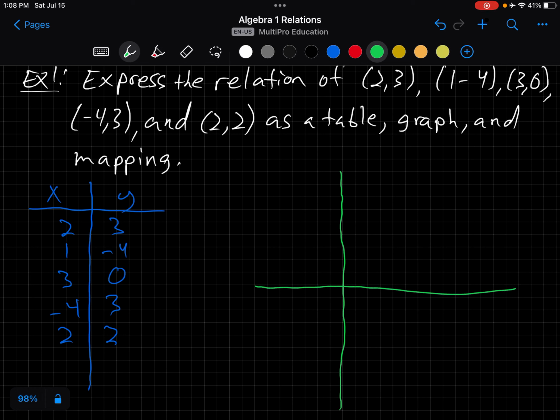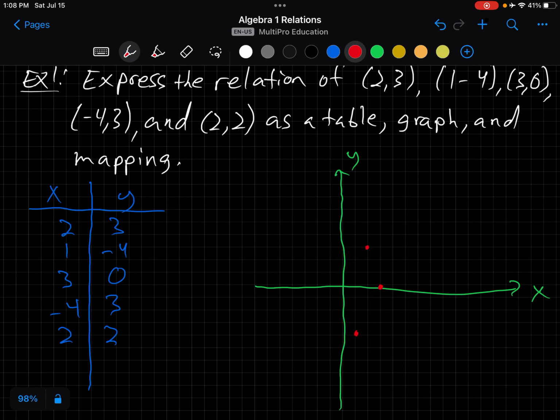Alright, now we're going to draw on the graph. So we're going to have our y-axis, and we're going to have our x-axis. So this is x, this is y. Alright, so where's (2, 3)? We go over 2 and up 3. Then (1, -4): we go 1 over and then 4 down.